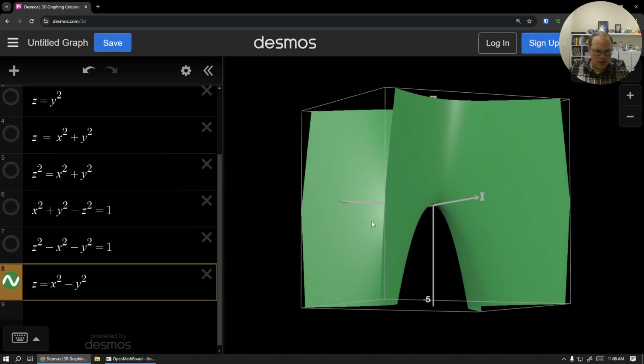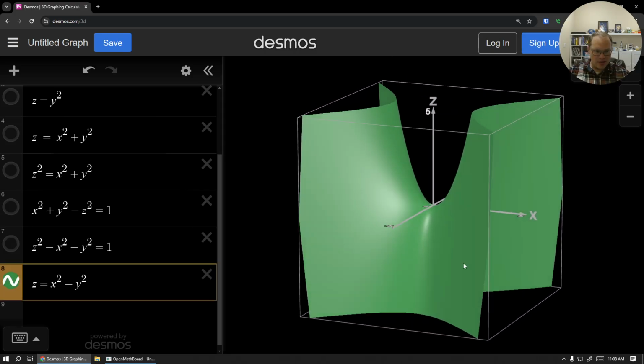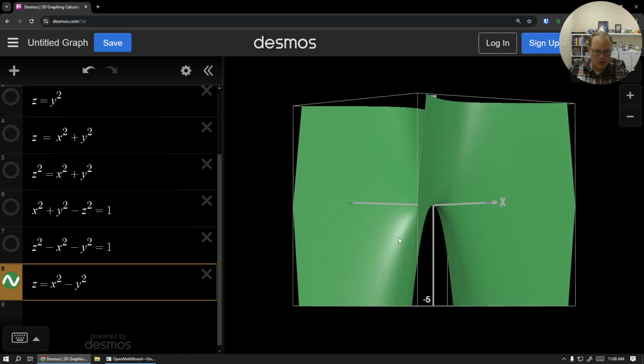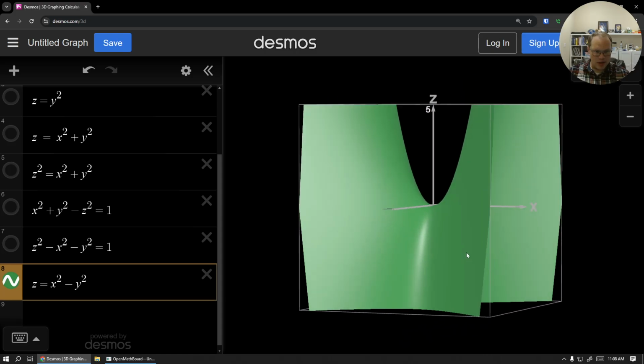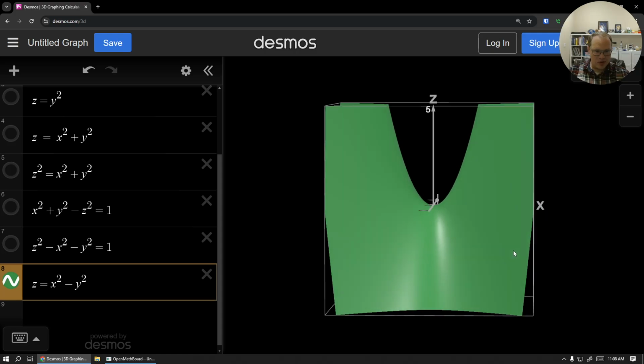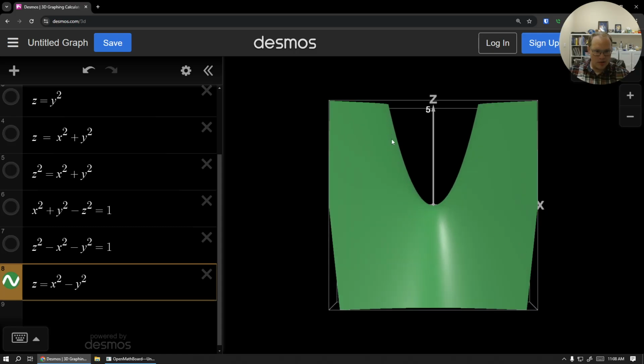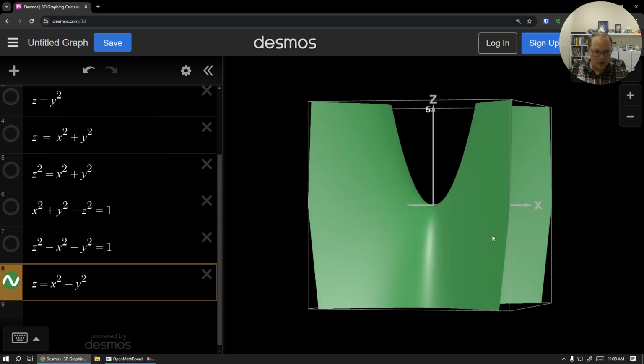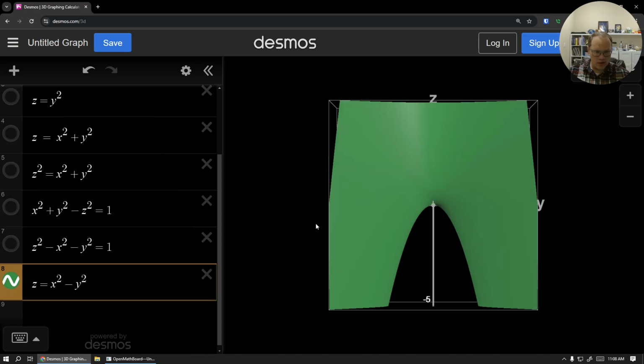And then there's this guy. This is a hyperbolic paraboloid. If we look at it straight on, you could see the outline of a parabola this way, and if we look at it straight on here, the outline of a parabola this way.